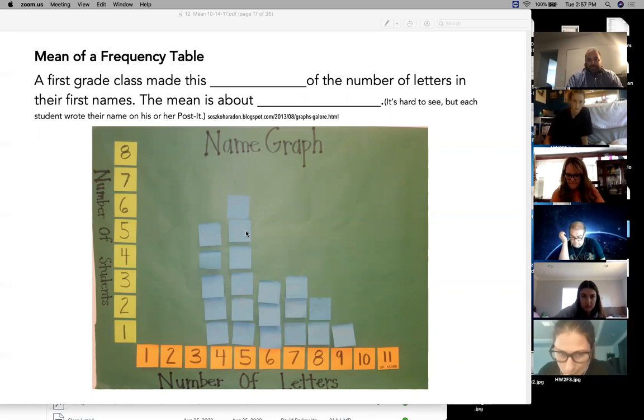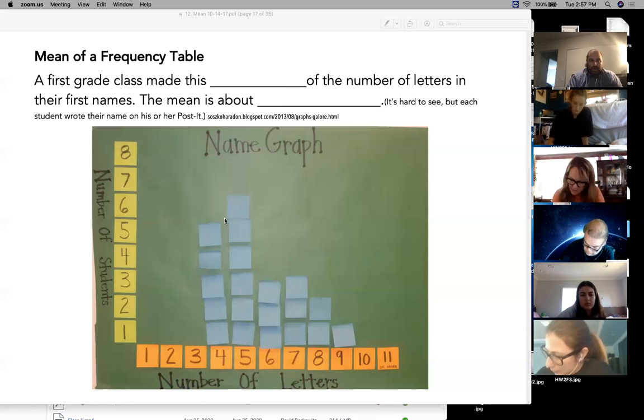Let's calculate it. What are we adding together here? Let's calculate the mean, the blue post-its. How many 4s are there? 5. For a total of 20. How many 5s are there? 6. For a total of 30.